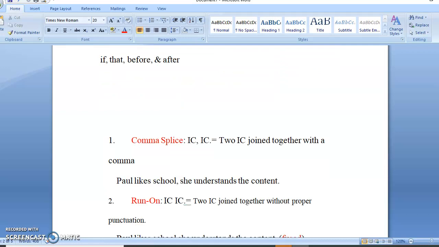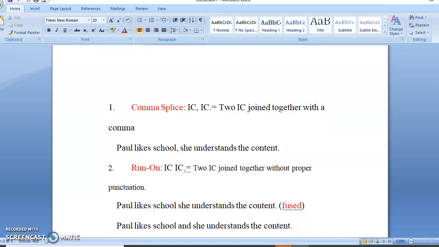The next one I want you to recognize would be a run-on sentence. That would be 2 independent clauses joined together without proper punctuation. So the first is an example of 2 independent clauses that are joined together without any punctuation, and that's called a fused sentence.